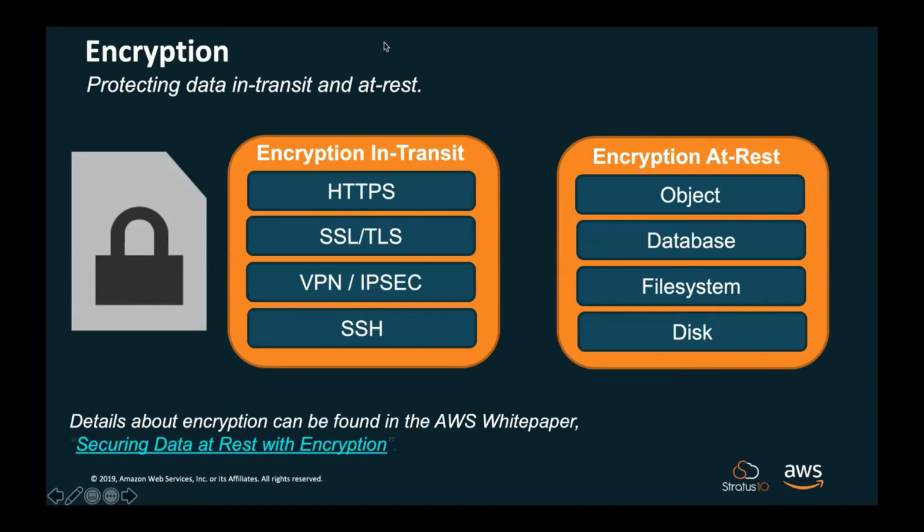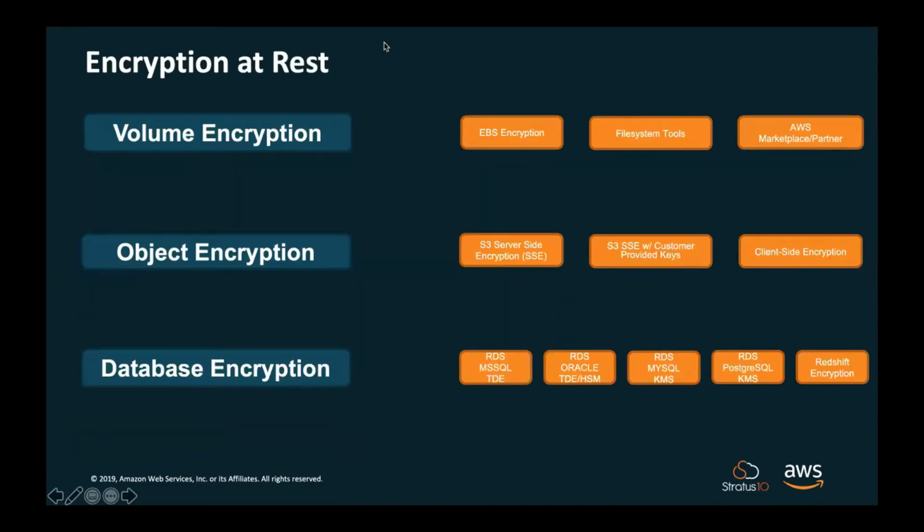There are definitely a lot of services that can support that. In terms of encryption at rest, AWS supports EBS encryption, so those Elastic Block Store volumes that you attach to your EC2 instances can be set up there. There are file system tools that can be used. And then AWS Marketplace, which we haven't talked too much about, is a place where you can use third-party solutions and incorporate those.